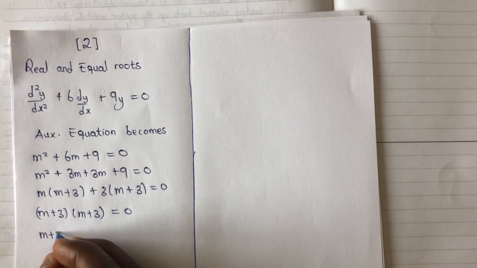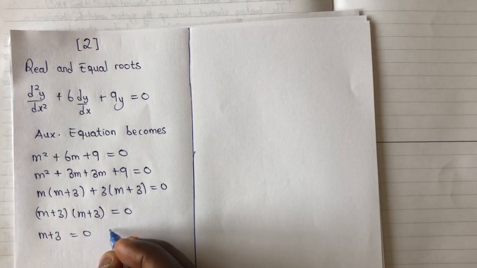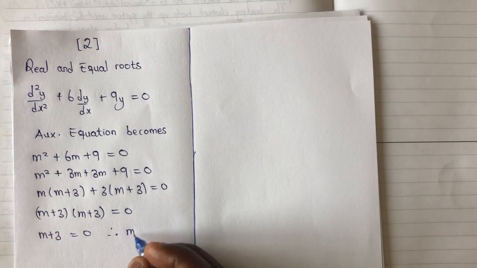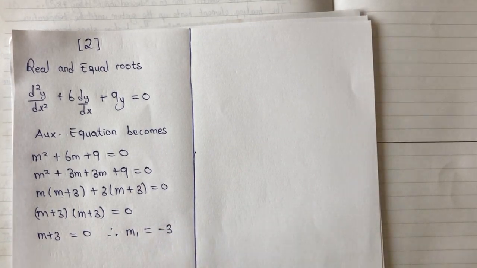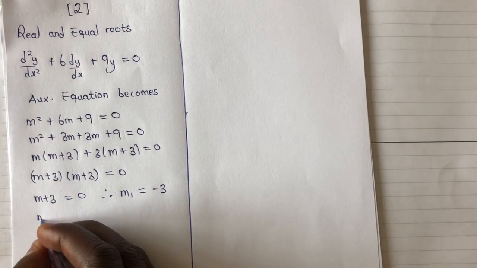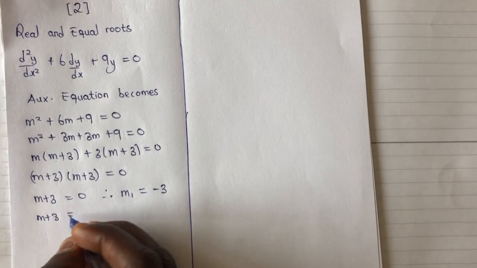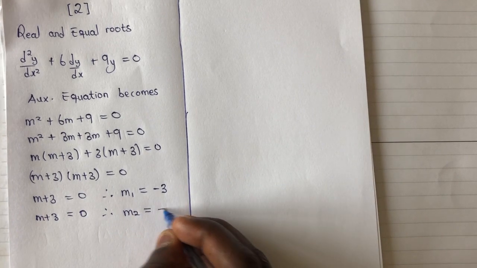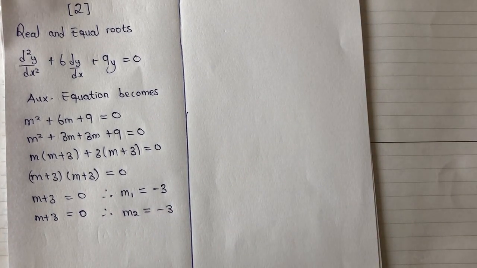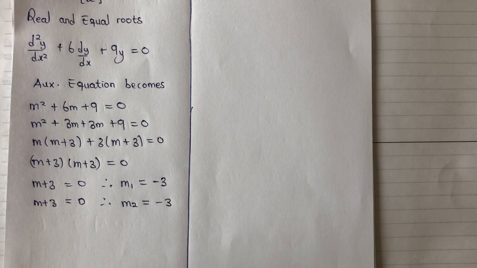So m plus 3 equals 0. Therefore, m1 equals negative 3. And then m plus 3 equals 0. Therefore, m2 equals minus 3. Now, when you look at these roots very carefully, you see that they are the same.